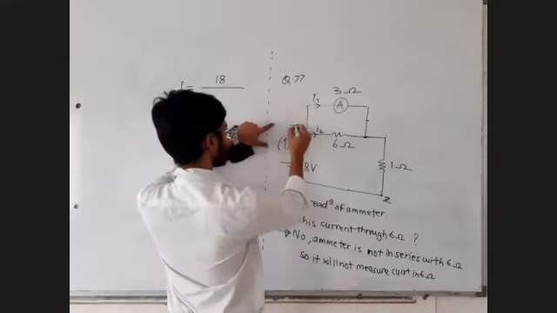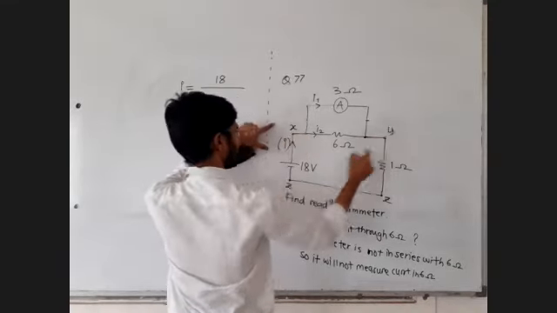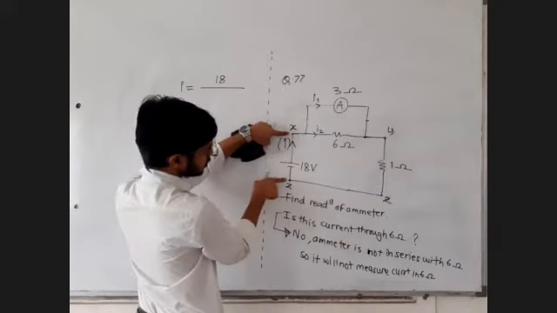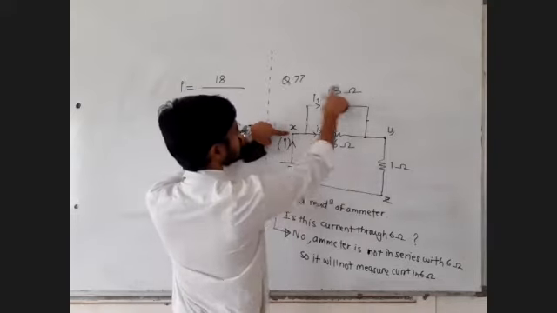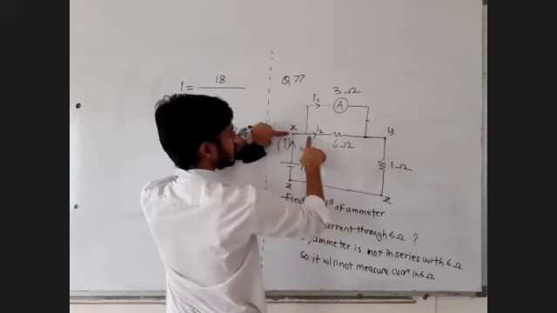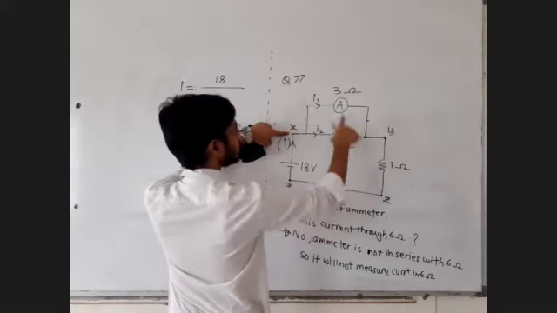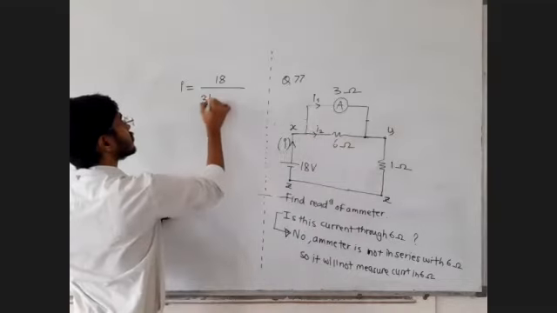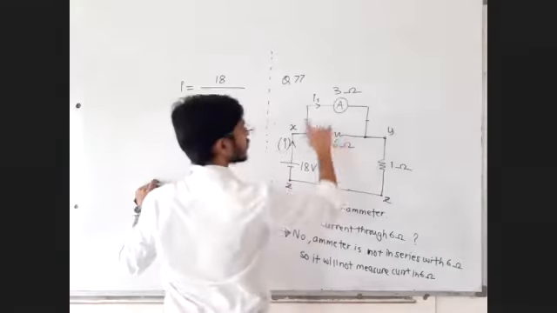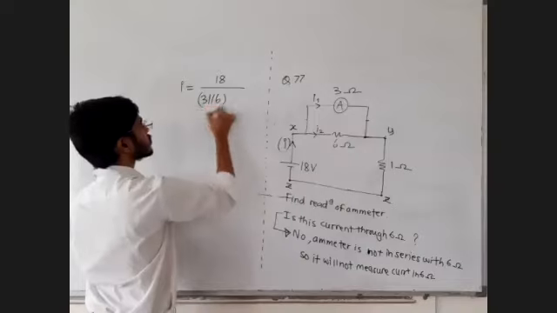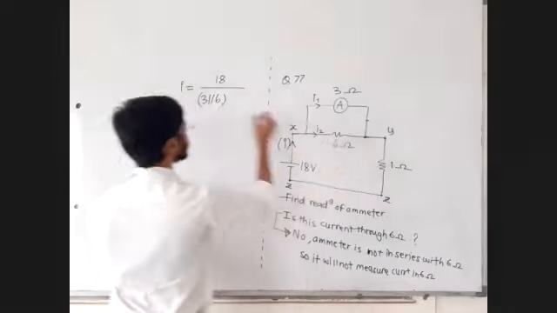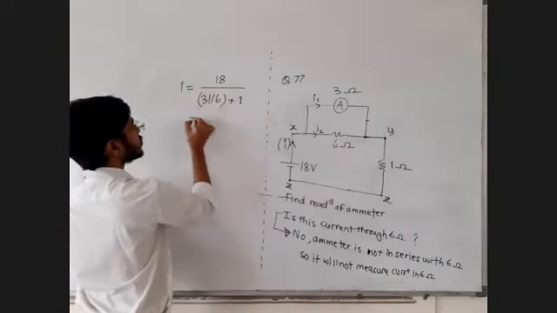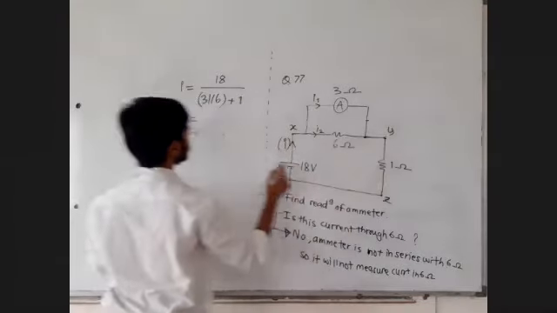I named it X and this Y. What is the total resistance between these 2 points? This parallel combination in series with 1 ohm: 3 parallel with 6, and the answer of this in series with 1. That is the effective resistance experienced by the battery.